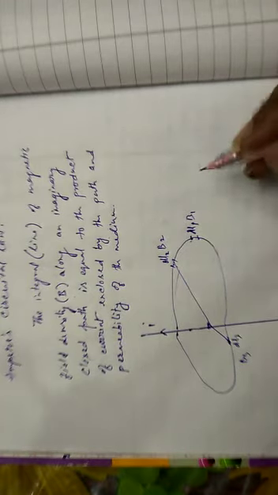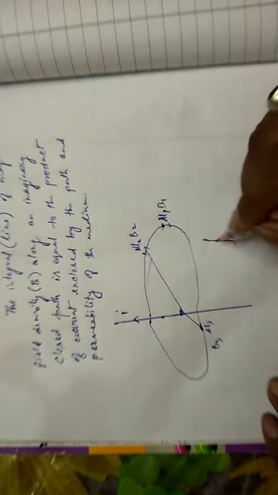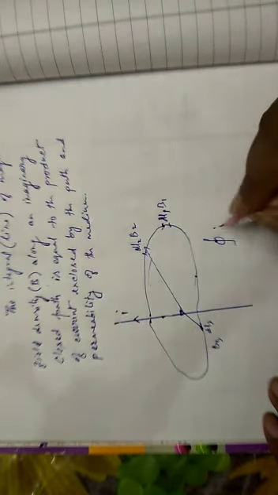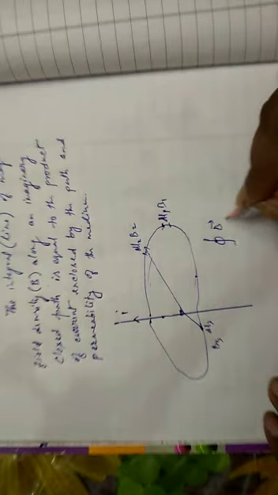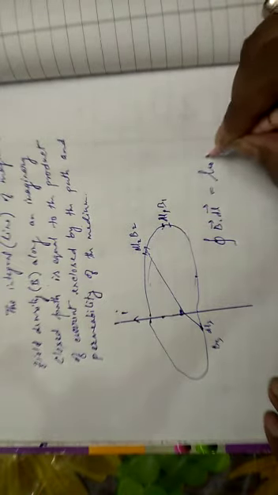If you take all these B and del L together and integrate along this closed loop, then the loop integral of B dot del L is equal to mu naught I. This is what the law states, and we will prove this law.